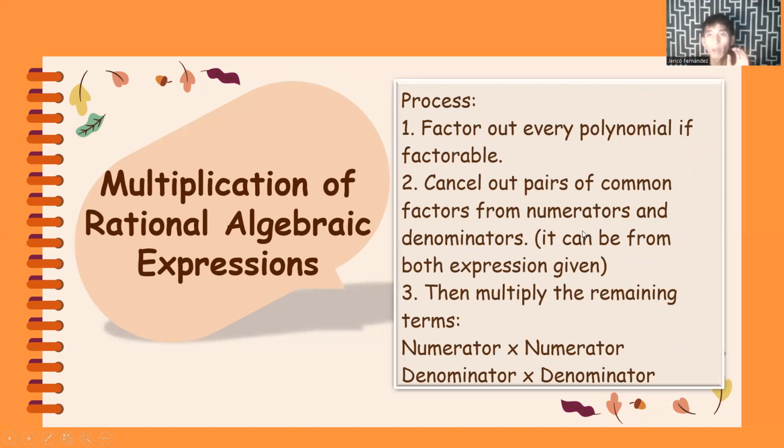So if there is a common factor from the numerator of one and the denominator of the other, we will cancel them out. It can be from both expressions given, from the second or first. And then multiply the remaining terms, numerator by numerator, denominator by denominator.